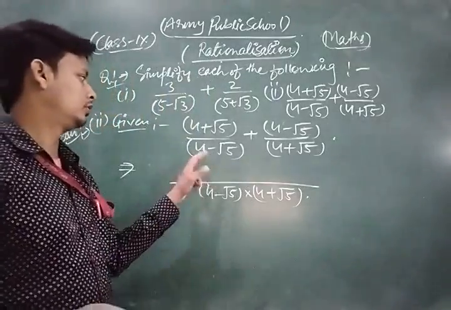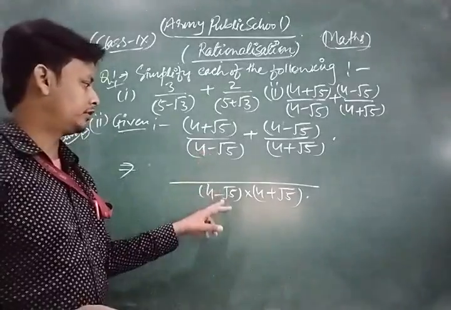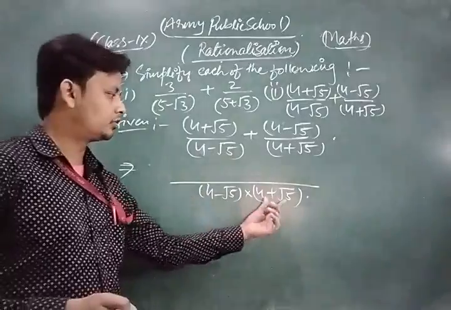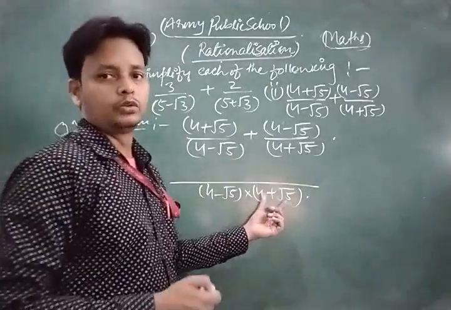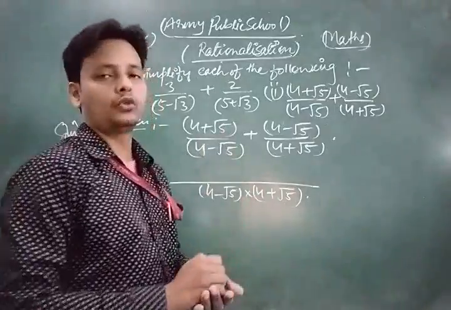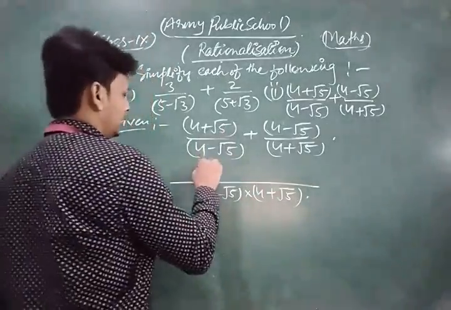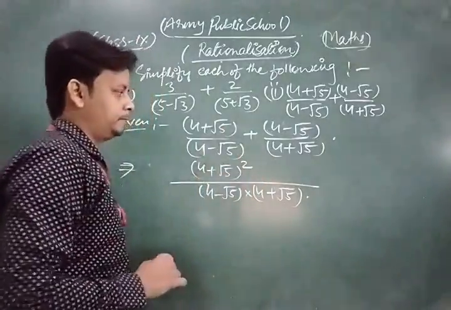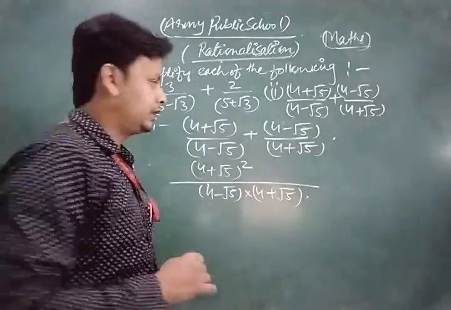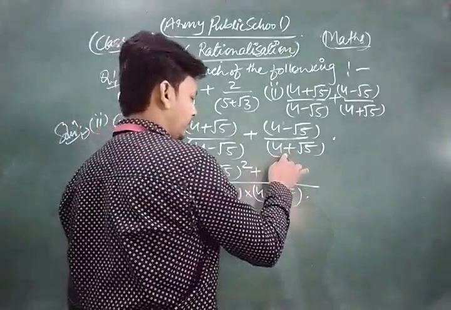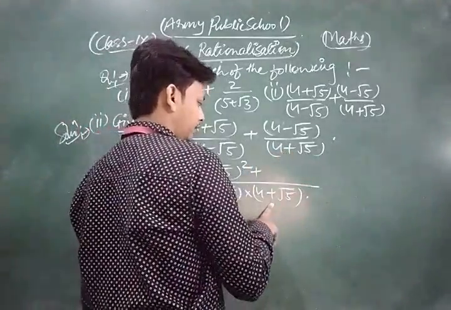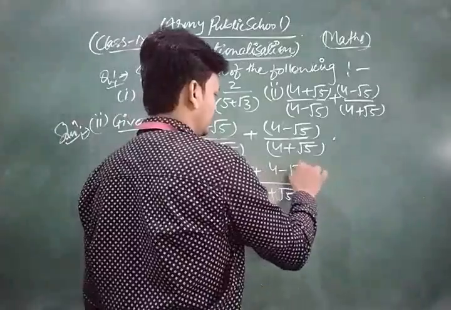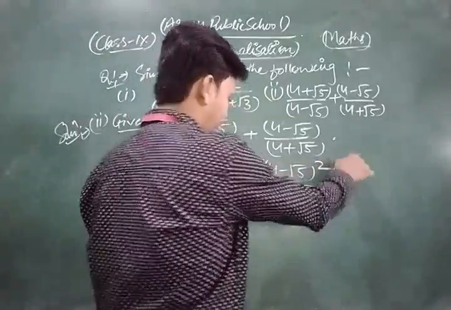So now look. 4 minus root 5, if we divide them, it cancels, so we get 4 plus root 5 multiplied by 4 plus root 5, so we get 4 plus root 5 whole square. Similarly, from that side, 4 plus root 5 cancels, and 4 minus root 5 is what? 4 minus root 5 whole square.